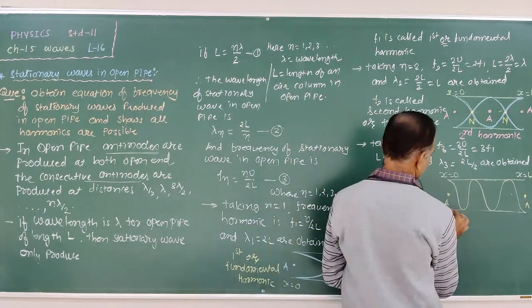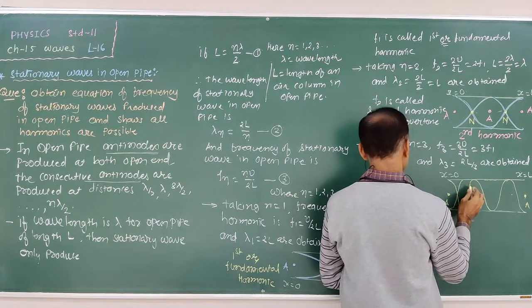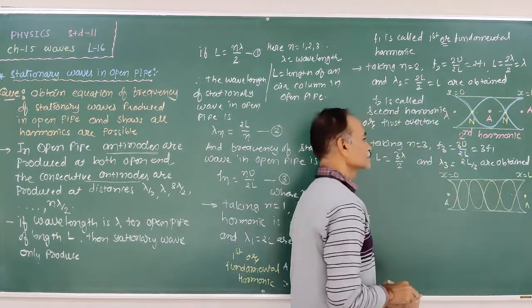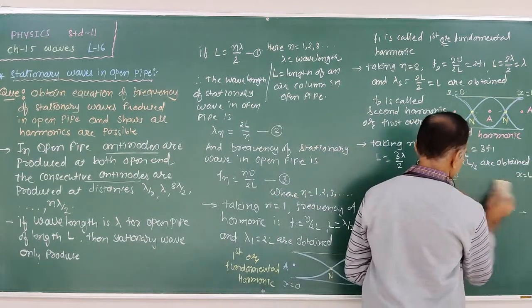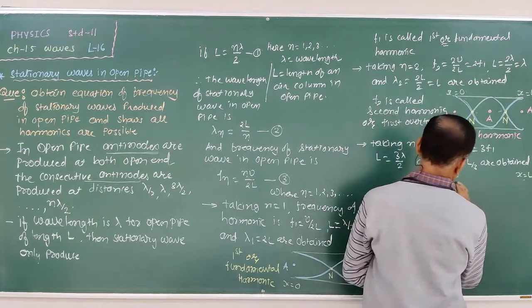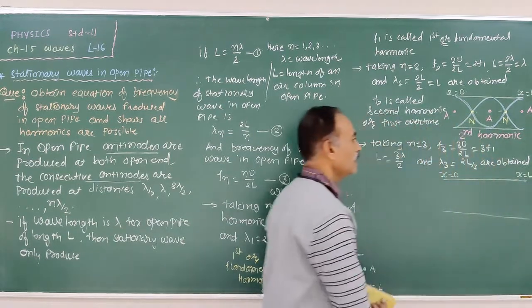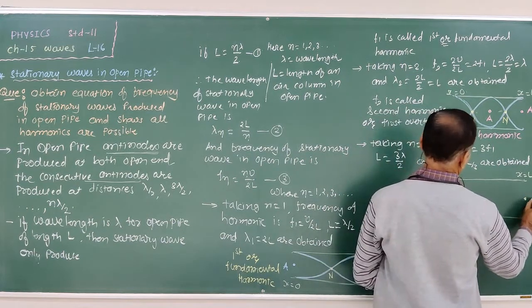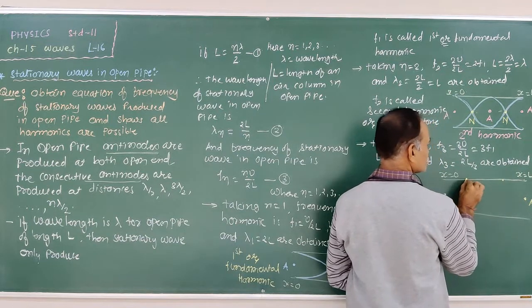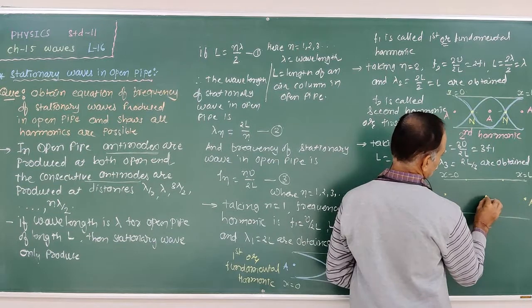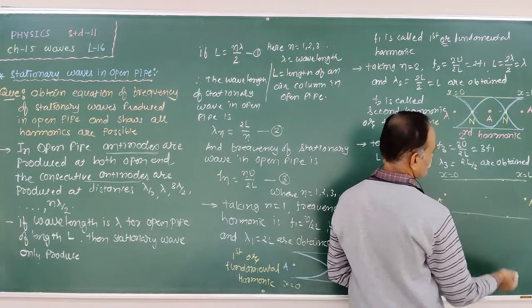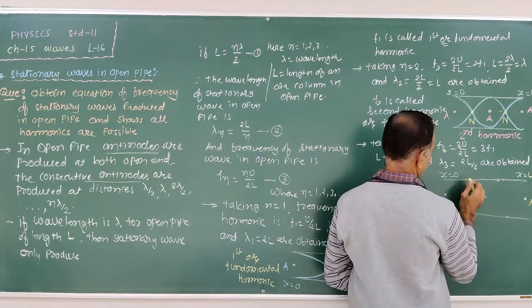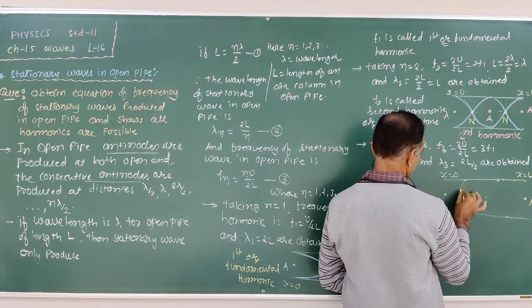Okay, now listen here. There is x equal to 0 and x equal to L. Therefore, there is an antinode and there is also an antinode.